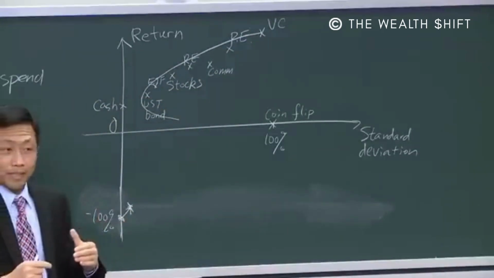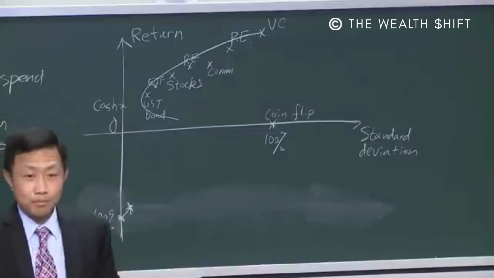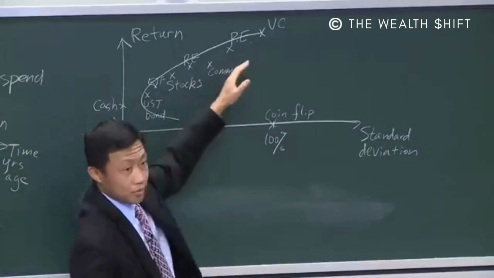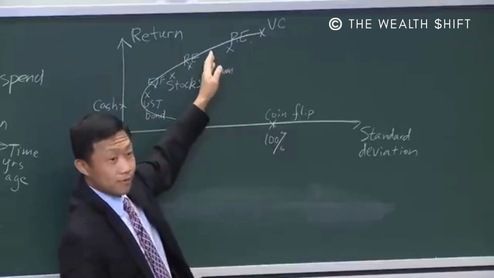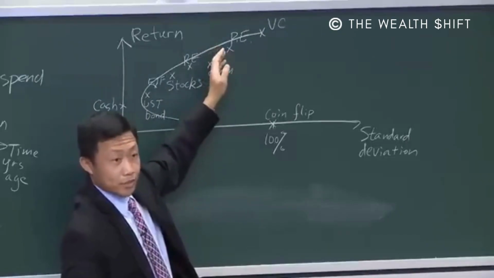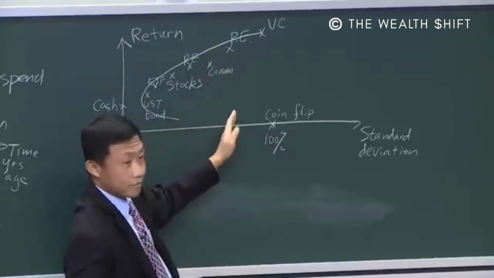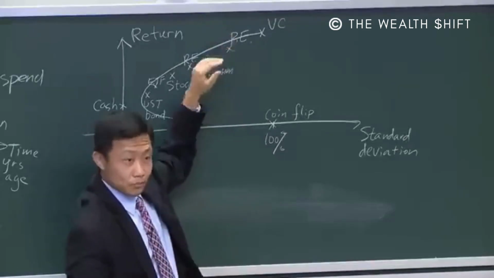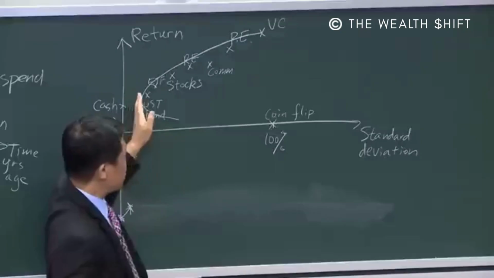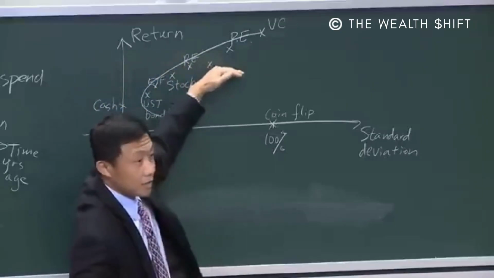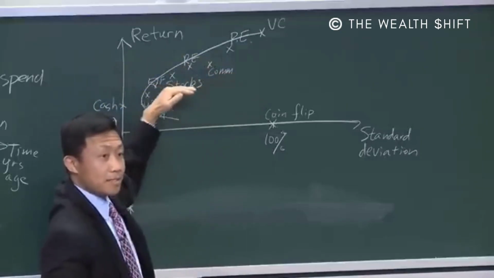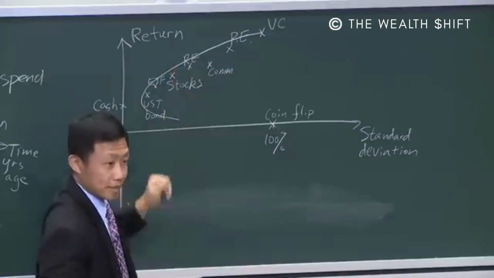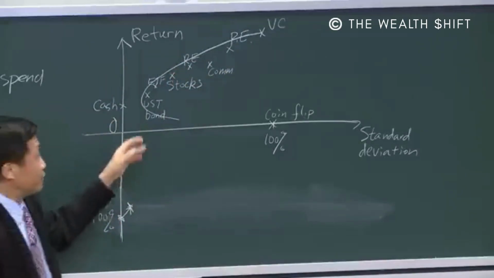It's really the possible combination of those investments you can push out to the boundary, where you can no longer find a higher return given the same standard deviation. You reach the boundary. And the same is true that for the same return, you can no longer minimize your standard deviation by finding another combination. That's called the efficient frontier.